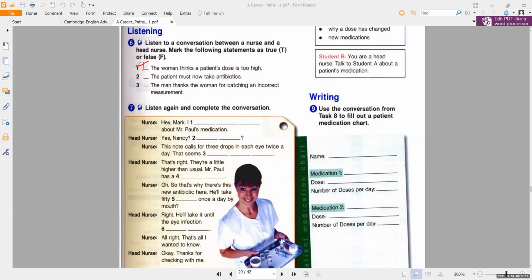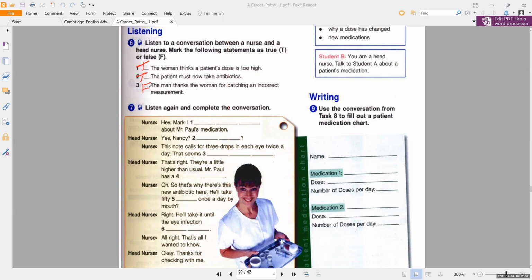Yes, again, because he had a bad infection. So this is true. And number 3, the man thanks the woman for catching an incorrect measurement. No, this is incorrect. So everything is okay. So this is false.